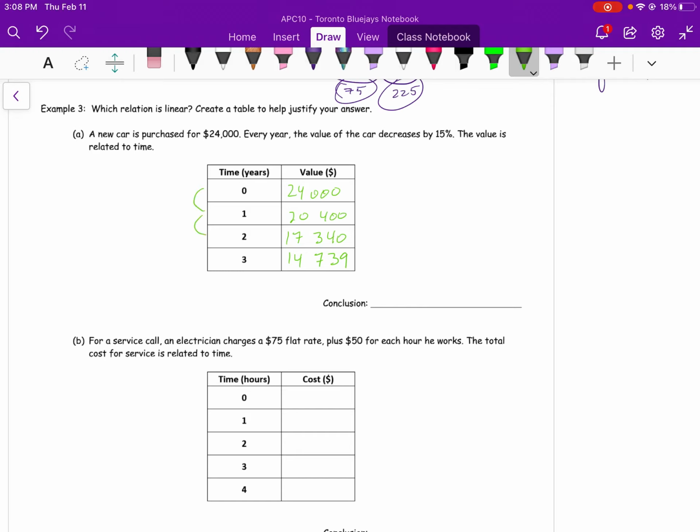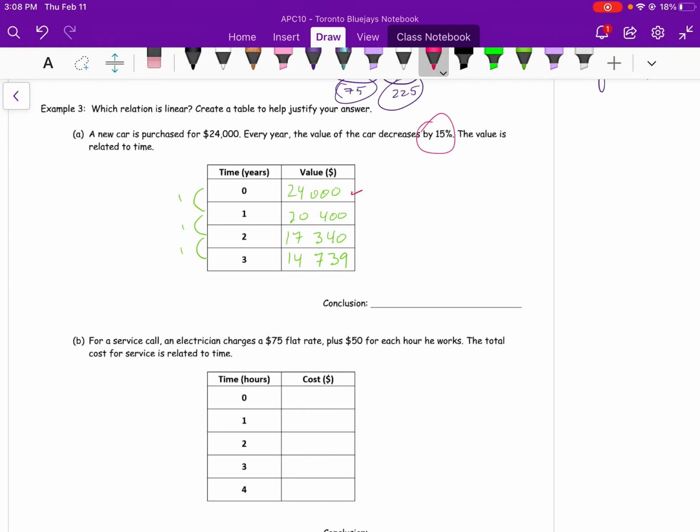So what we see as the years progress, as the years increase by 1, the value of the car decreases by 15%. But as we look at it from a money perspective, the first year is 0 years, you buy a $24,000 car.